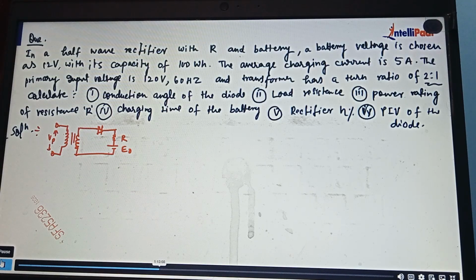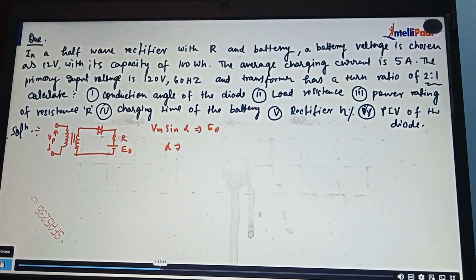Anyone? How do we calculate the conduction angle, by the way? What is the formula which we will use? Conduction angle can be calculated from Vm sine alpha that is equal to E naught.